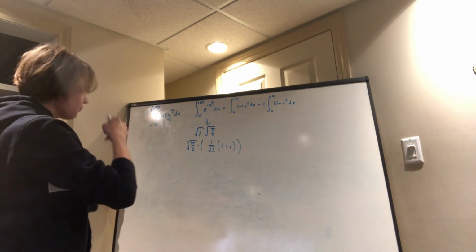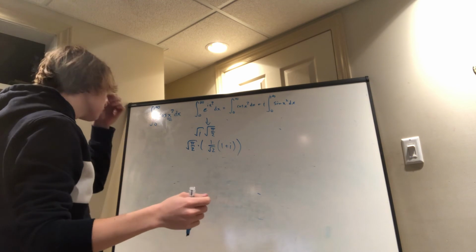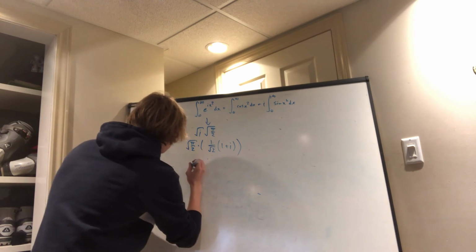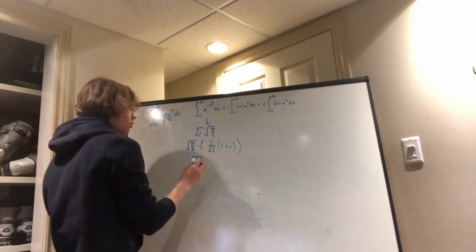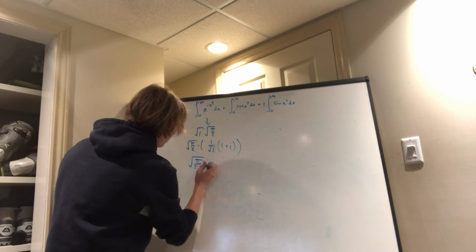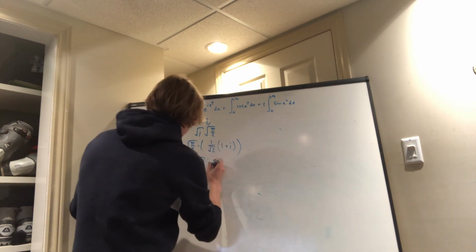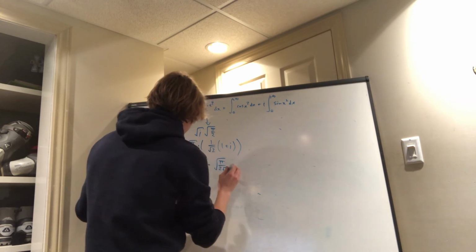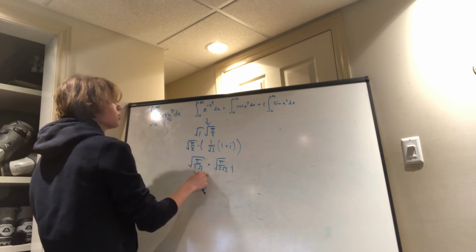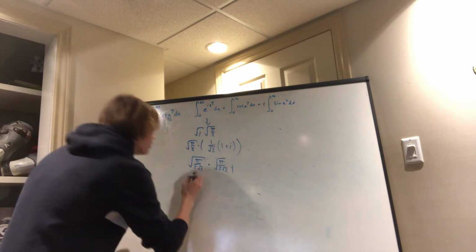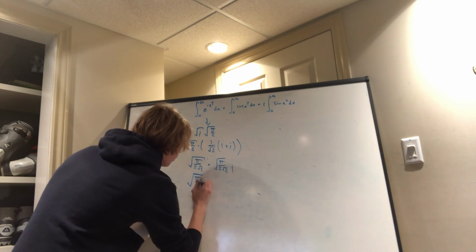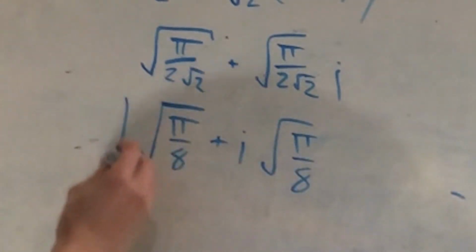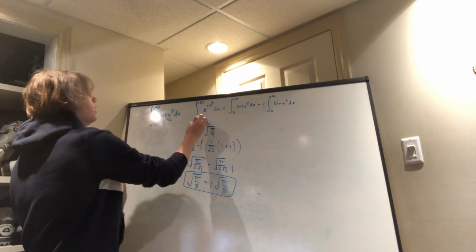So if we get this all out, we'll get the square root of pi over 2 square root 2, plus i times the square root of pi over 2 square root 2. And if we put this into the square root, that'll be 4 times 2, which is the square root of pi over 8 plus i times the square root of pi over 8. Now that is the answer to this one.